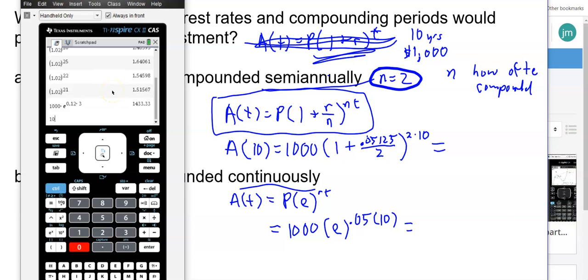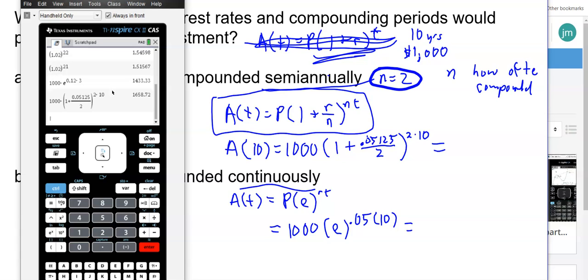Okay, so 1,000 times 1 plus the fraction 0.05125 over 2 to the power of 2 times 10.